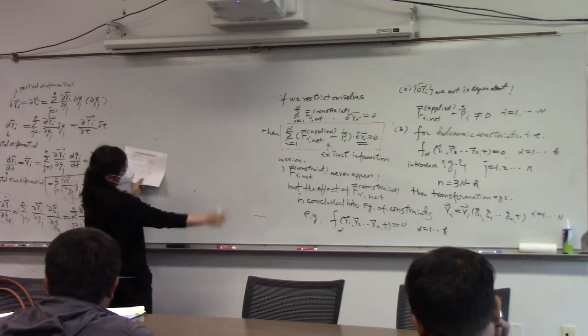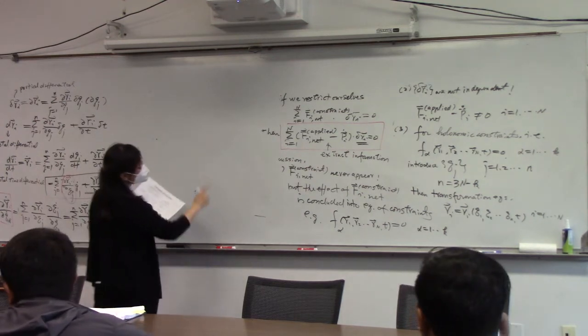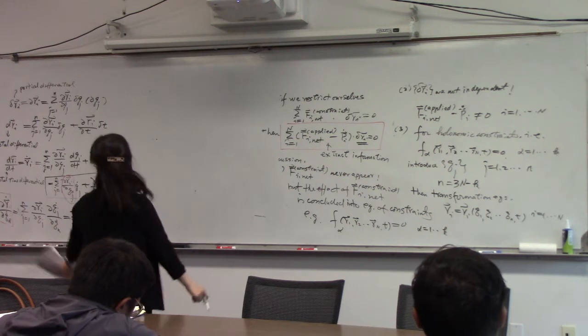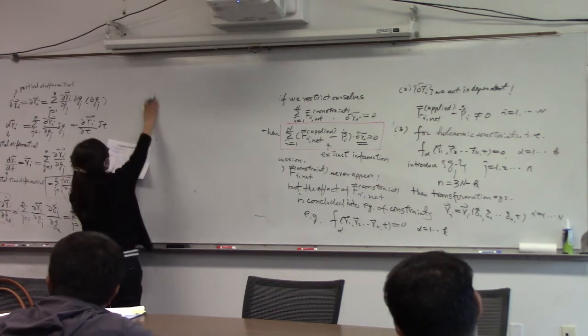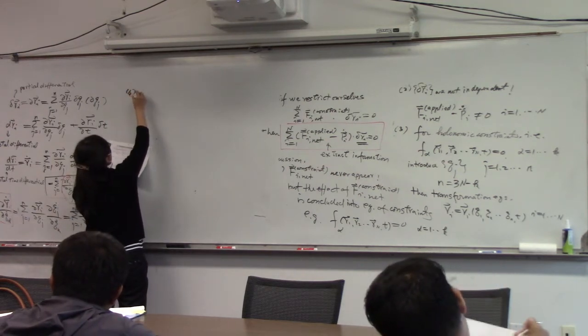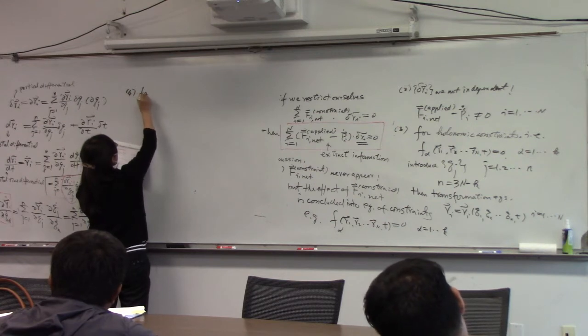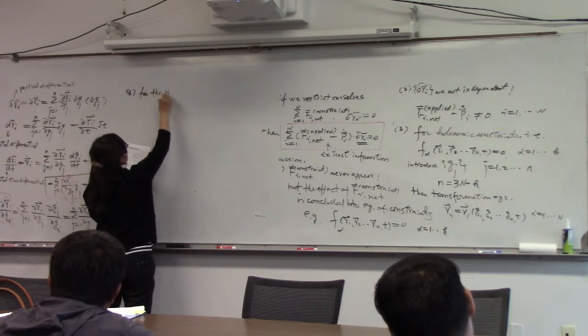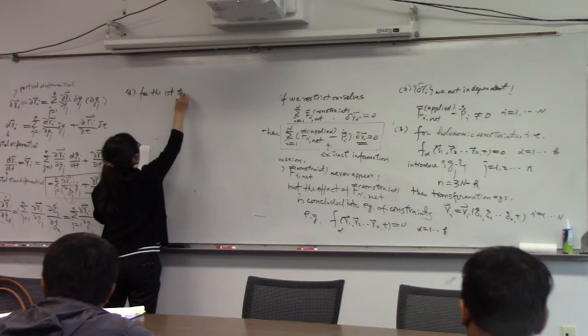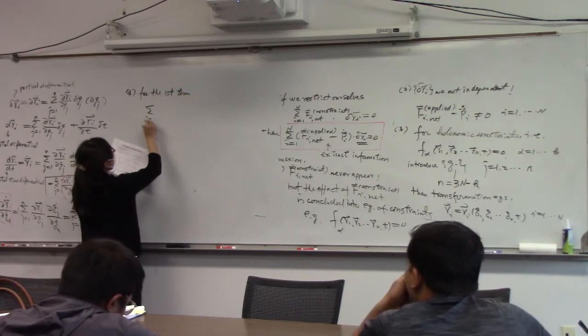Let's see, how many terms? Three, right? So now that's 4. The first term. Let's consider this one first.